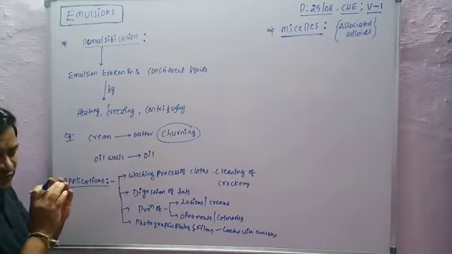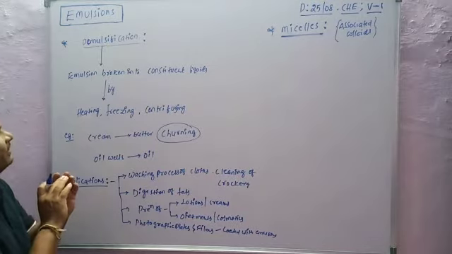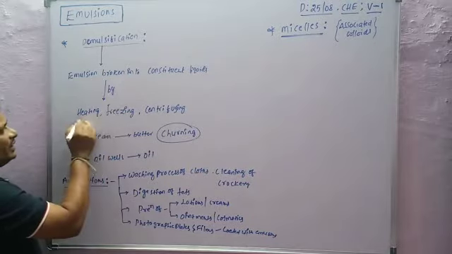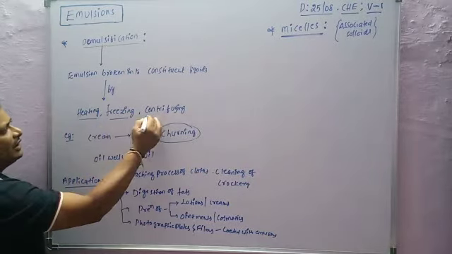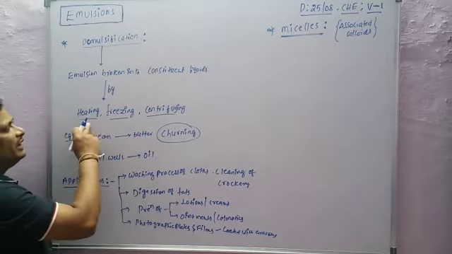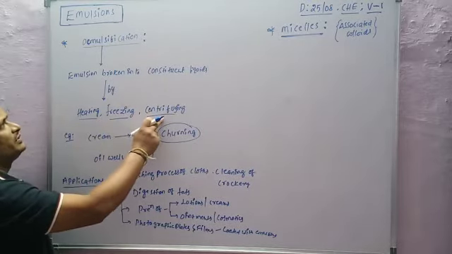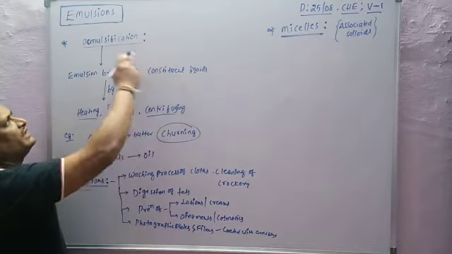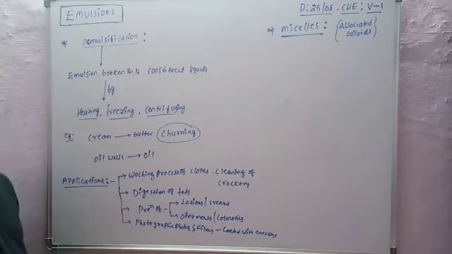These two liquids are broken into constituent liquids by heating, freezing, or centrifuging. So by heating, freezing, or centrifuging, the emulsion broken into constituent liquids is called de-emulsification. It is the inverse of the formation of an emulsion.